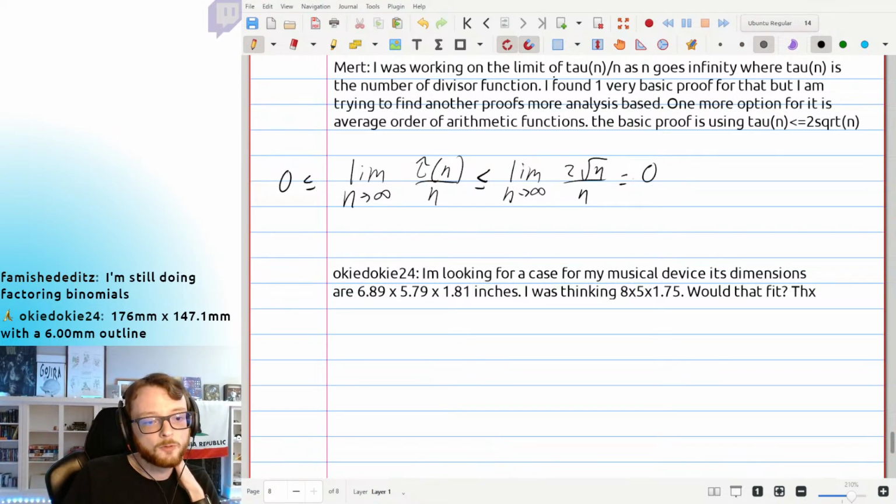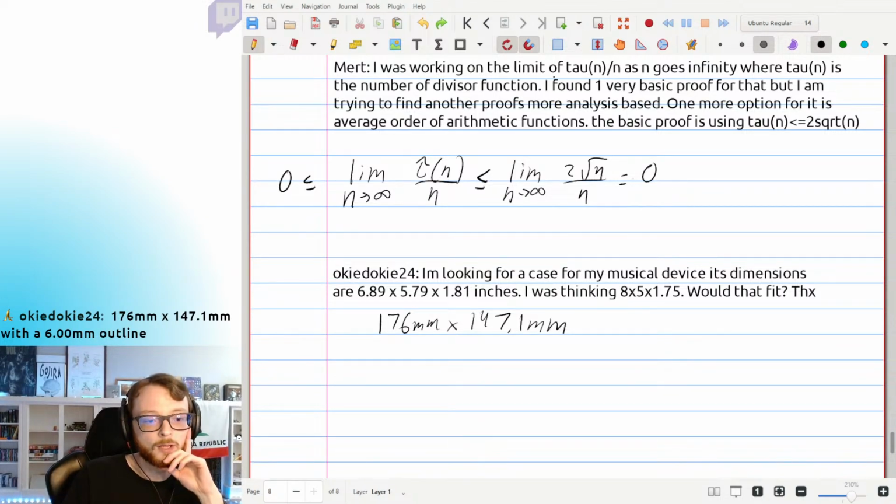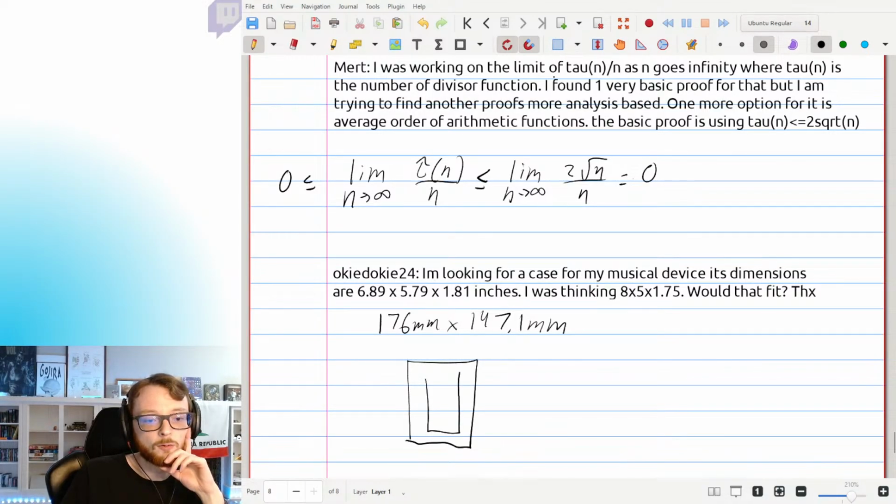So yeah, if there's an outline, how you would deal with that is assuming it's the same width all around, just subtract the outline off from each of these individually. Oh wait, no, it'd be twice the outline, right? Because if it just looks like a box and there's a 6 millimeter outline, you need to subtract off 6 this way, but also 6 that way.